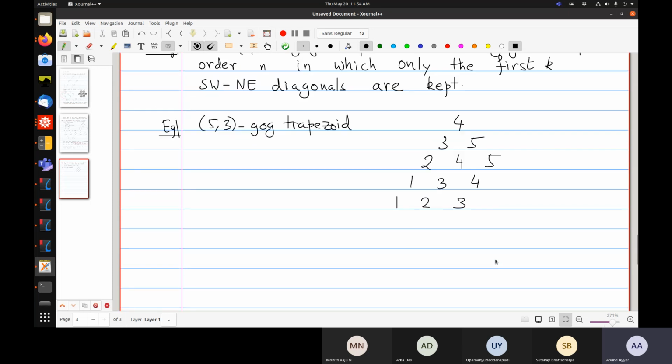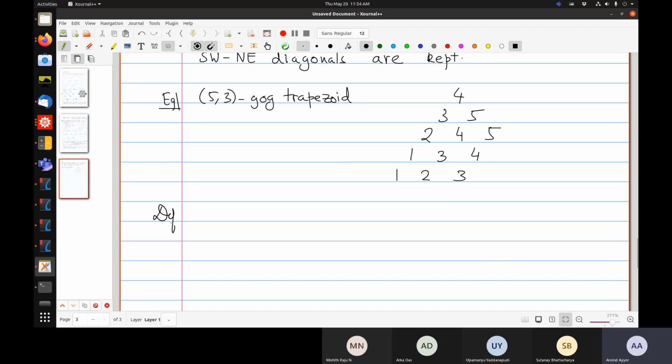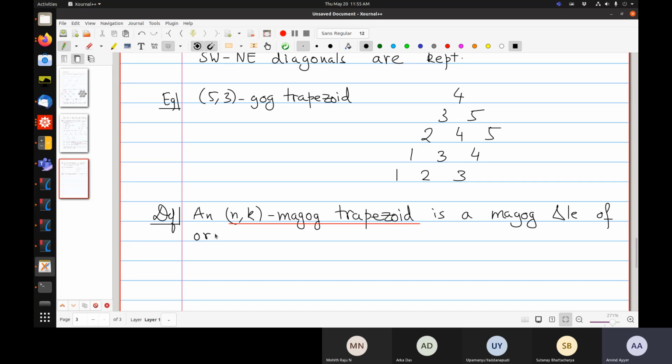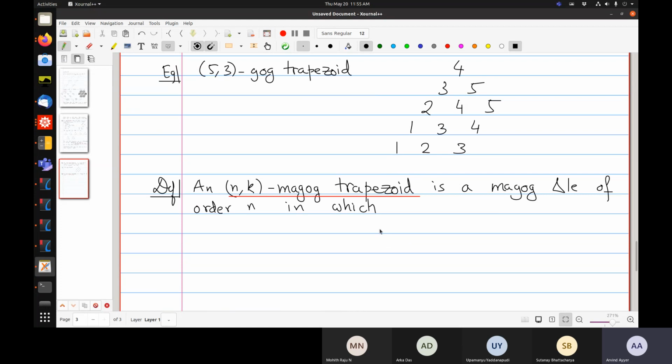Please ask if there are any questions. On the other side, an n-k magog trapezoid is a magog triangle of order n, in which only the first k, topmost k rows are kept.